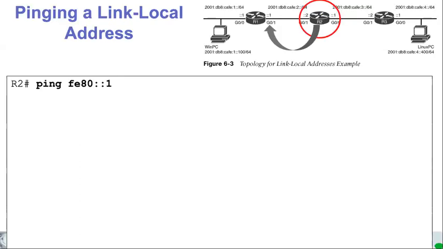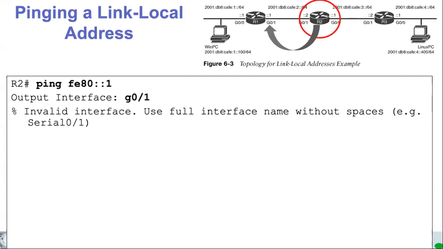All right, so in Cisco IOS, if we said ping and FE80::1, let's say I wanted to ping the link local address of router R1, IOS will come back and say, sorry, but what exit interface do you want to send this out of? Do you want to send it out this interface, Gig 0/1, or do you want to send it out this interface, Gig 0/0?